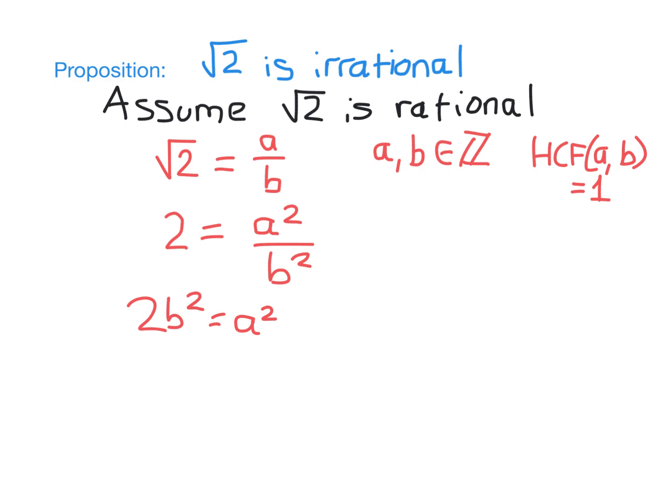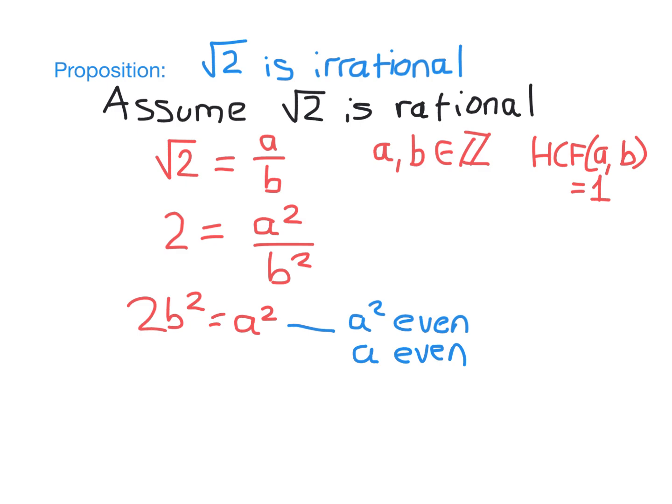What can I deduce from this? If a squared is equal to 2b squared, that means a squared is even because it is 2 times an integer. But if a squared is even, then so too a is even.